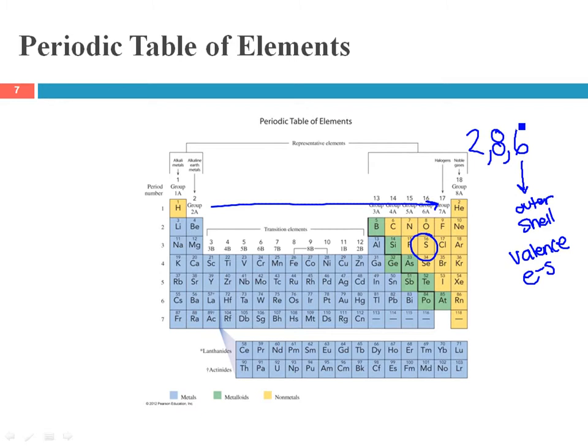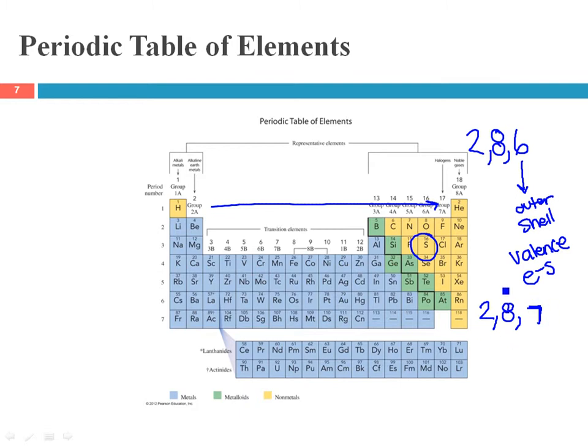I forget what I told you guys to do next. I think it was chlorine, but that's really close here. So all we would have here, we would have 2, 8, and 7. So you want to go back and count everything up. So in sulfur, we have 14 plus 2, we've got 16, and we've got 17 electrons there for chlorine.